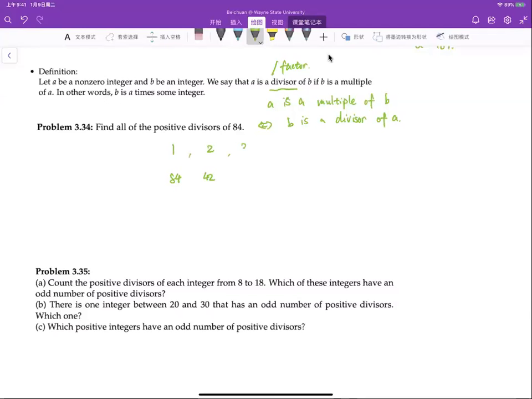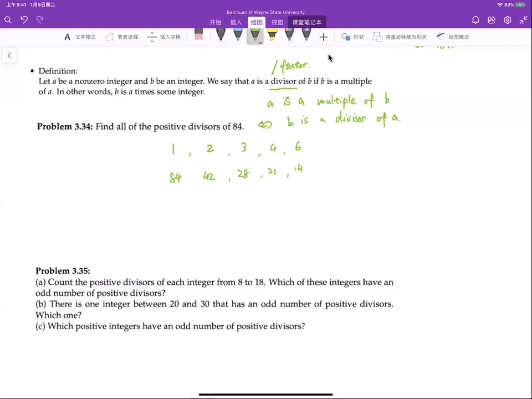Then 3, which pairs with 28, because 3 times 28 is 84. Then 4, 21. 5 is not. 6 is, so if you divide 84 by 6, that will be 14.